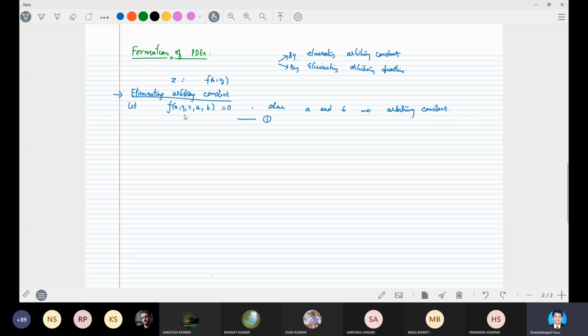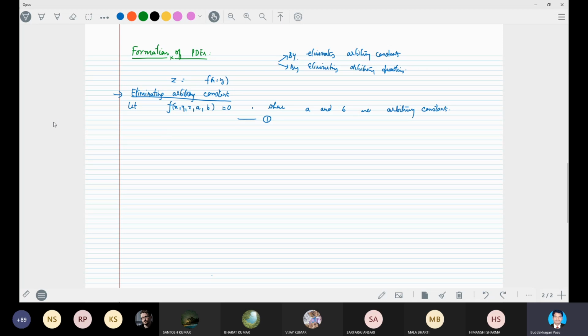Here two independent variables are there, x comma y. Therefore, we can differentiate two times, that means with respect to x and with respect to y. Not only two times, maybe many number of times we can differentiate, with respect to x and with respect to y.